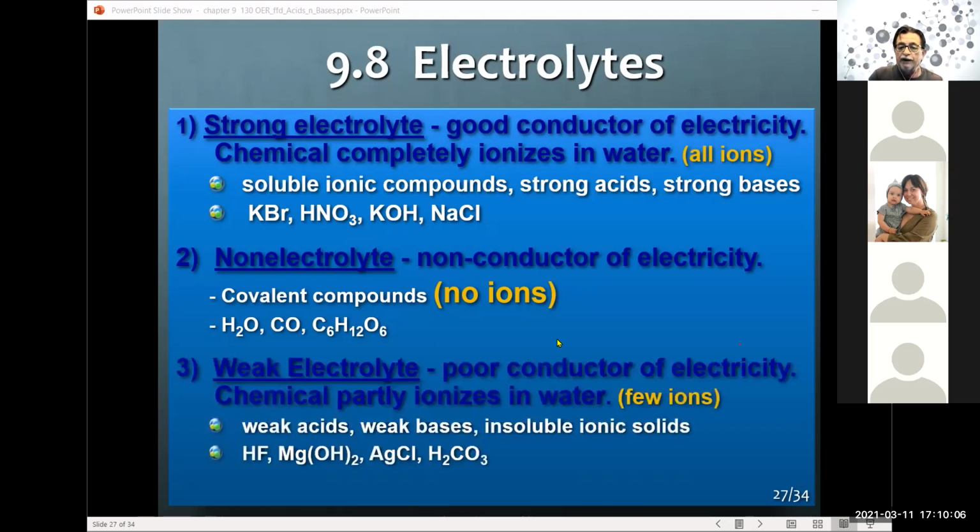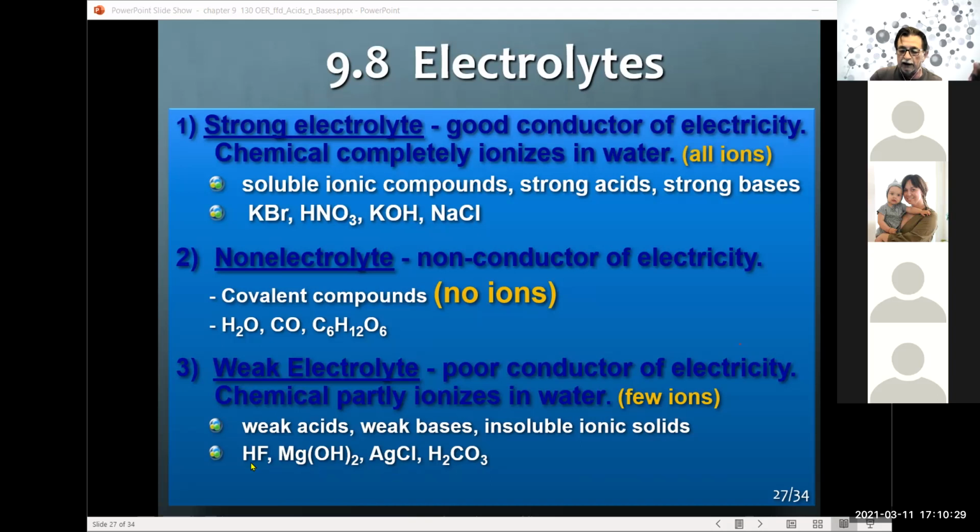The weak electrolytes are poor conductors of electricity, and they only partially dissolve. They're partially ionized. Things like the weak acid, the weak base, any of the insoluble compounds, they only have a little bit of ions in solution.